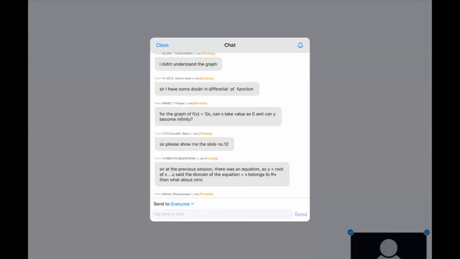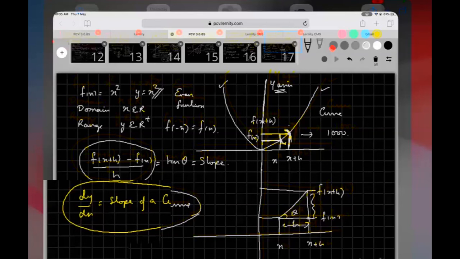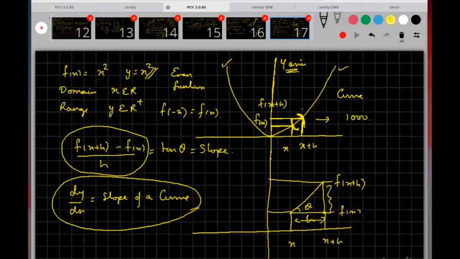So you wanted me to show you slides one by one. I will try to show them one by one. But try to write notes. Don't just listen to these classes. Listening to these classes will not be of any use.